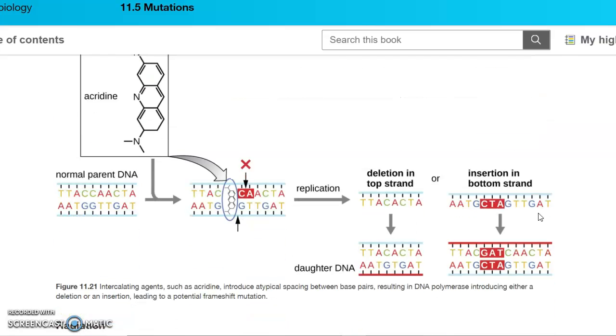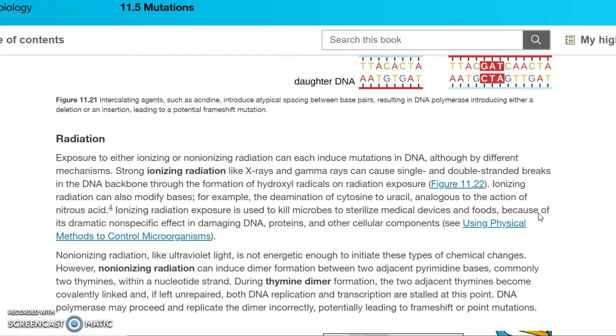So we can have these chemical mutagens, radiation. Ionizing or non-ionizing radiation can cause mutations by different mechanisms. Ionizing radiation is things like X-rays or gamma rays. Basically what happens is they can cause breaks in the DNA backbone, that sugar phosphate backbone.